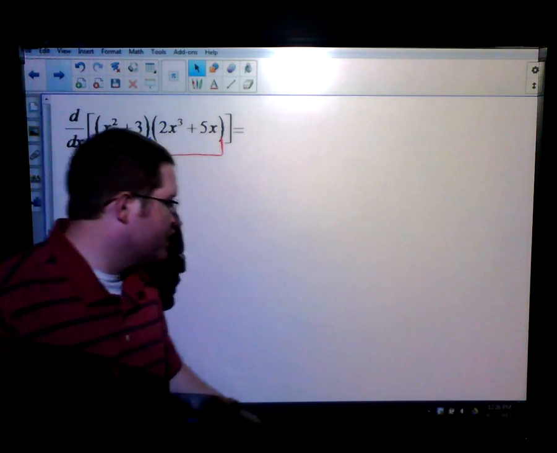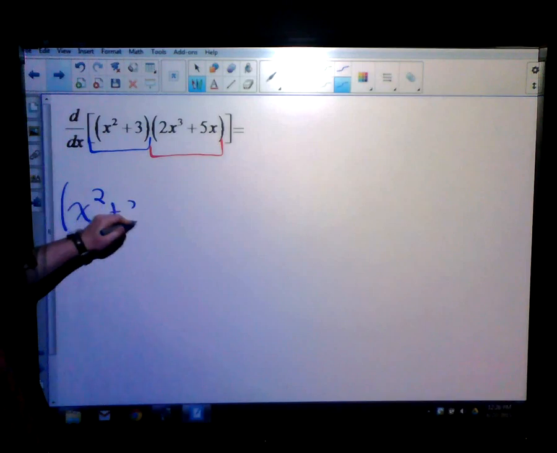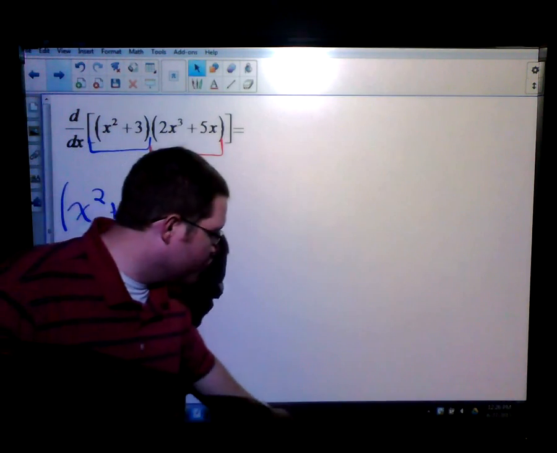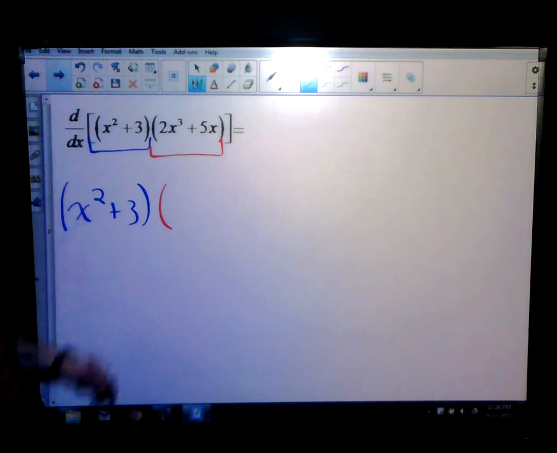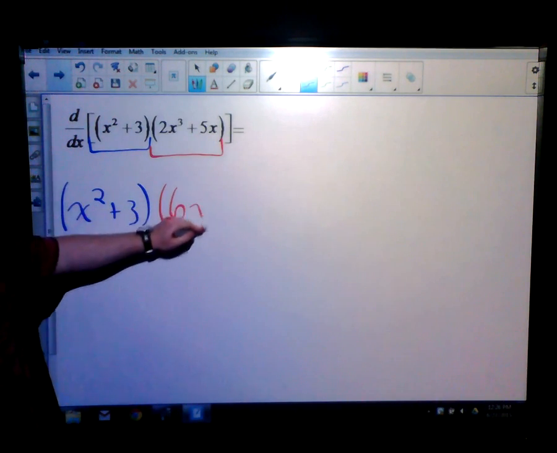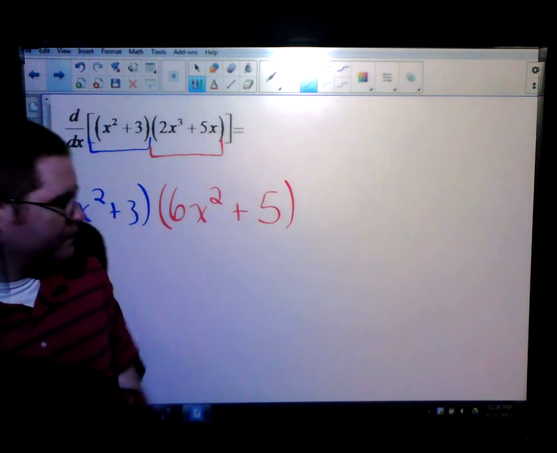The product rule says it's the first, x squared plus 3, times the derivative of the second. Well, what is the derivative of the second? That's 6x squared plus 5.